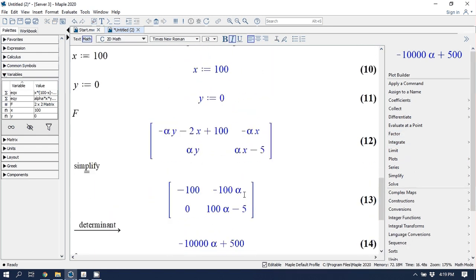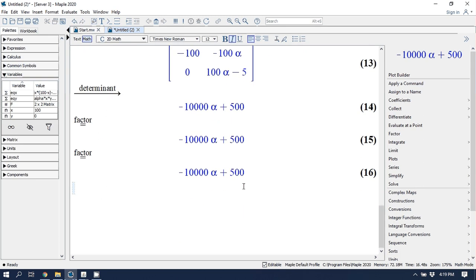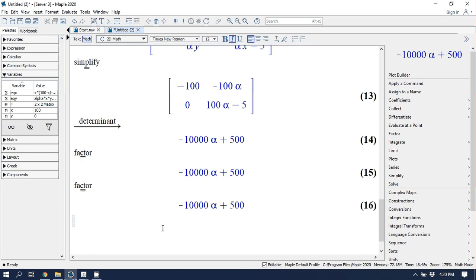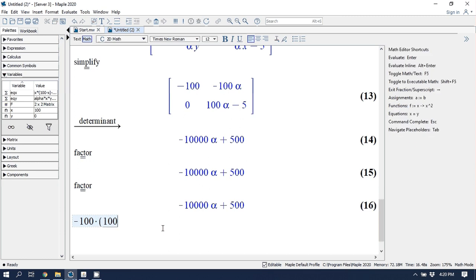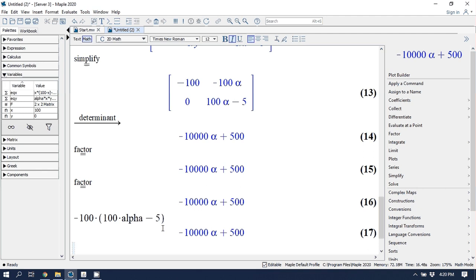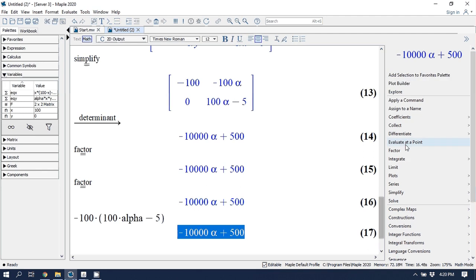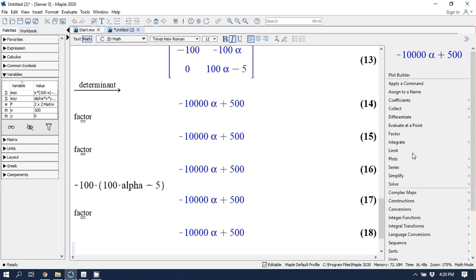Let's see. It should factor, but anyway, if you pull out 500, you will get basically the determinant minus 100 times 100 times alpha minus 5. I have no idea why, because this is actually important for later.